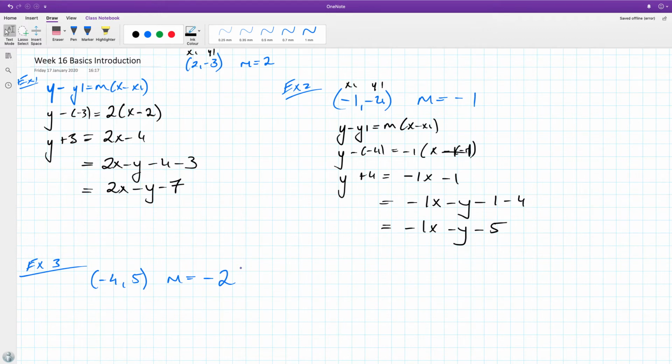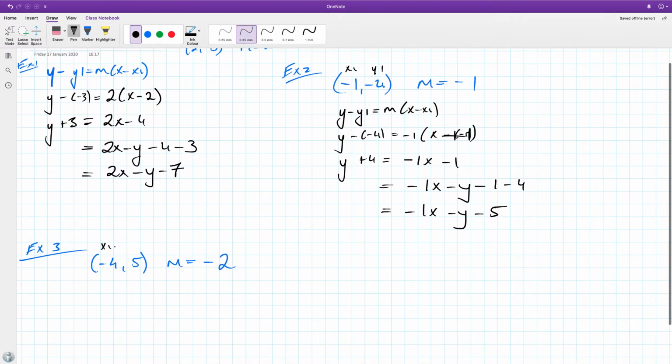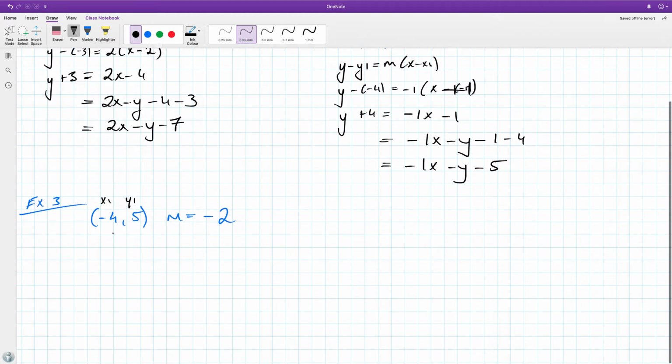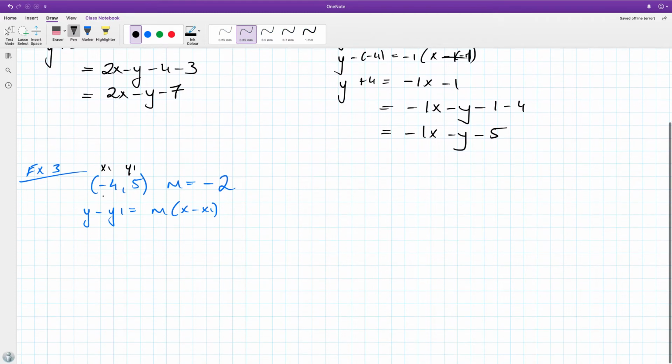Right, let's have a little look at it then. So, once again, x1, y1, and that's m. So my formula is y minus y1 equals m times x minus x1. That is y minus y1, which is minus 5, is equal to m, which is minus 2, times x minus minus 4.